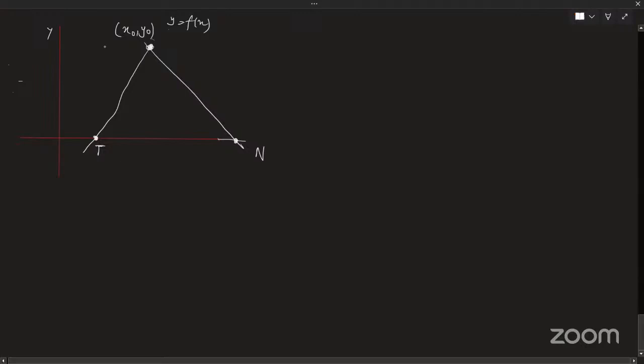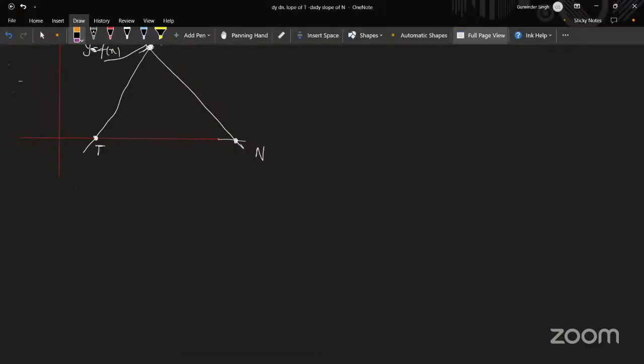And this is my curve y is equal to f of x. Obviously, it is passing through this point. Just a minute.